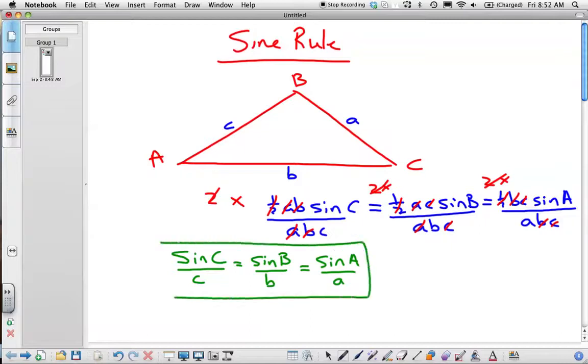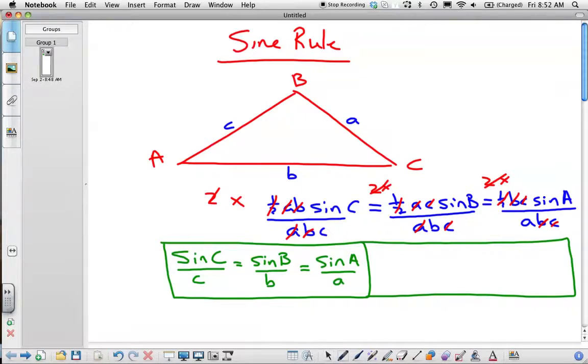We can also write it, because we can invert both sides. We can invert the whole equation over and rewrite it like this. Let me do it in blue.